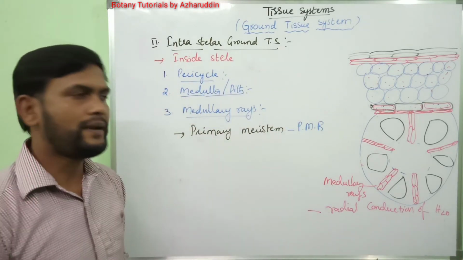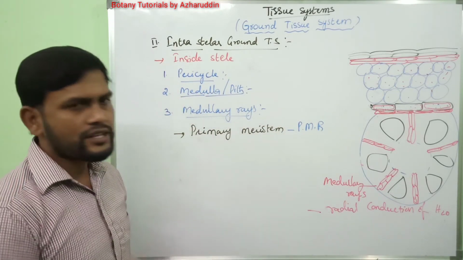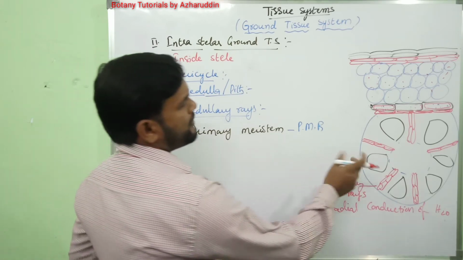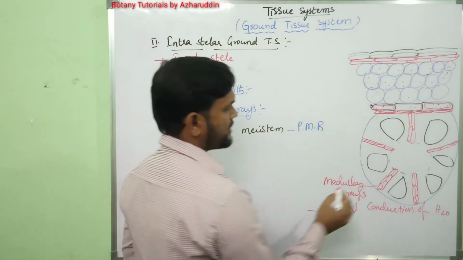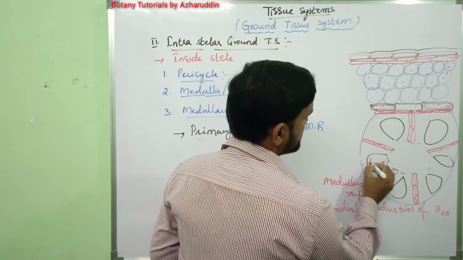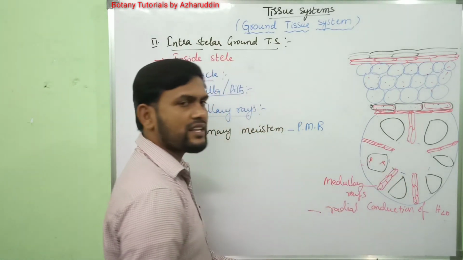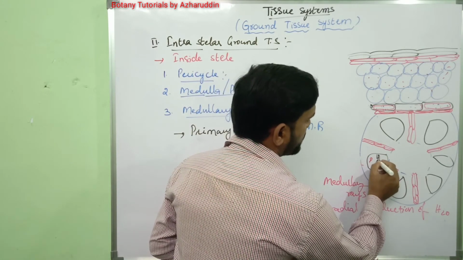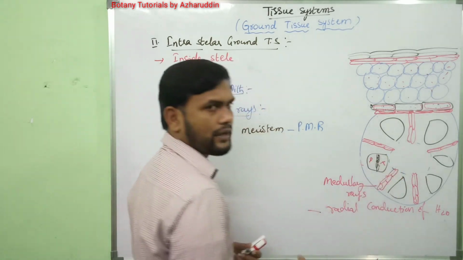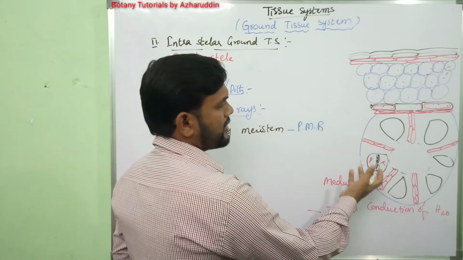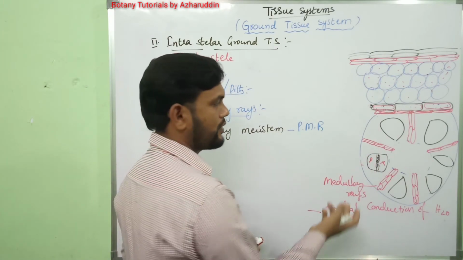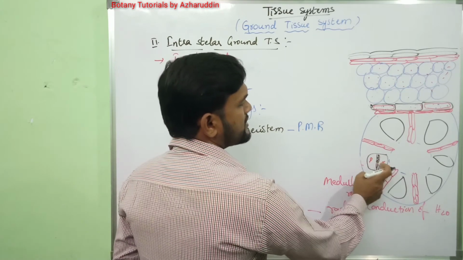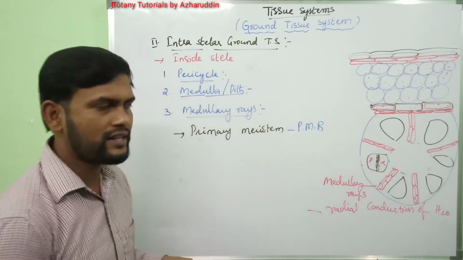In some species, in the roots, between the xylem and phloem, for example, this is xylem and this is phloem, in between them there is parenchyma, or that may be sclerenchyma, present between xylem and phloem bundles.